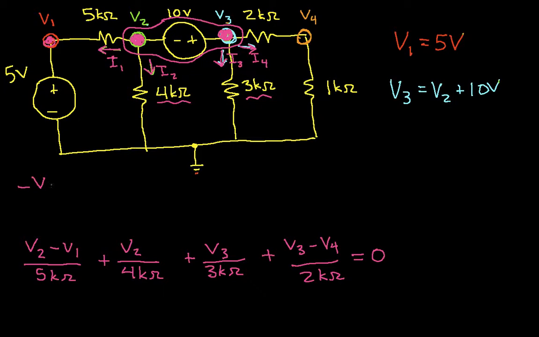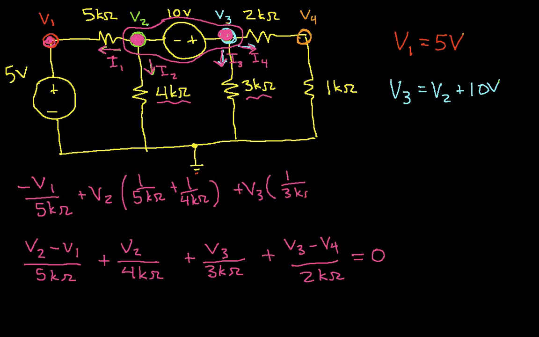We have minus V1 over 5 k ohms plus V2 times (1 over 5 k ohms plus 1 over 4 k ohms), plus V3 times (1 over 3 k ohms plus 1 over 2 k ohms), minus V4 times 1 over 2 k ohms, and this is equal to 0.